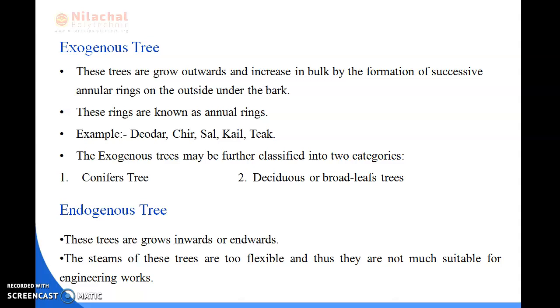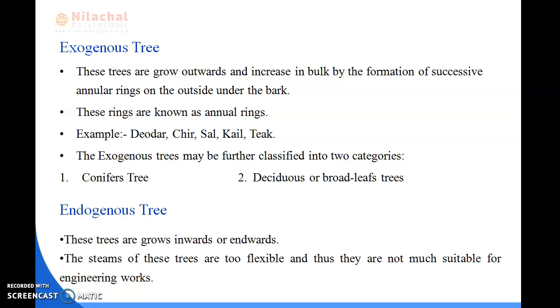These exogenous trees have been further classified into two categories. As I have told you, first is coniferous, next is deciduous or broadleaf trees. I have already discussed what coniferous trees and deciduous or broadleaf trees are.